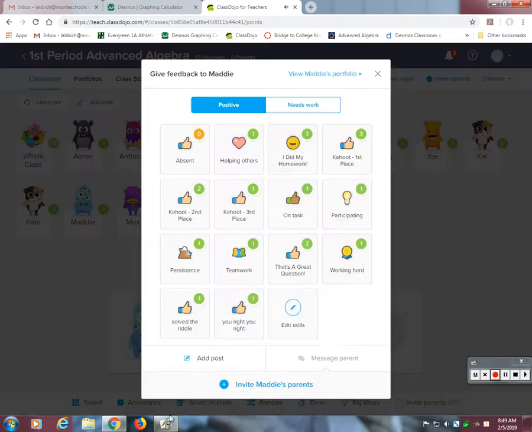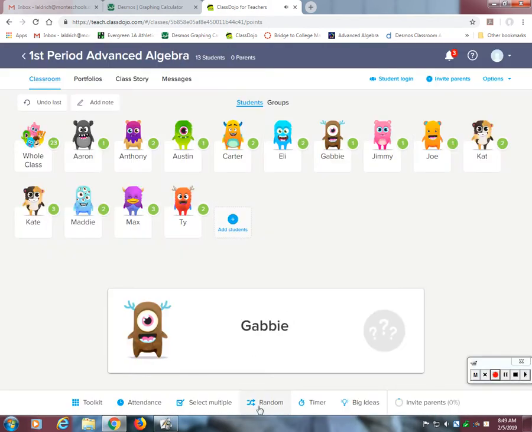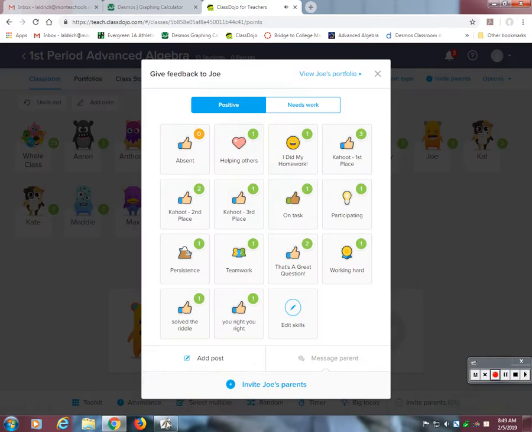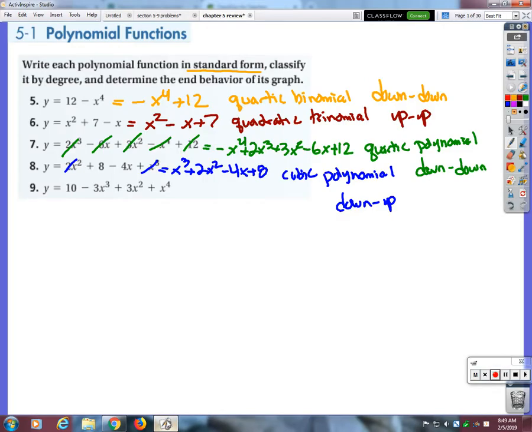All right, and then the last one. Who comes first? Okay, x to the 4th minus 3x cubed plus 10.